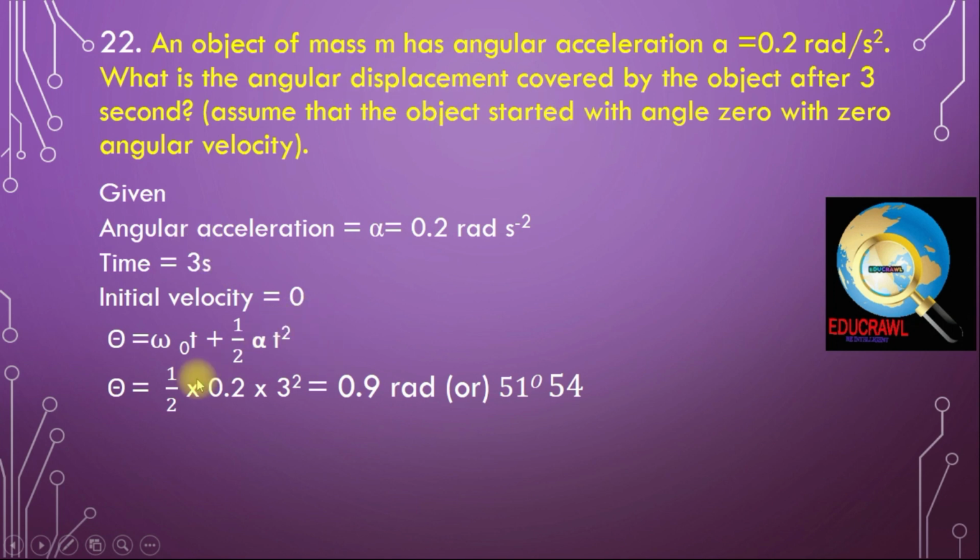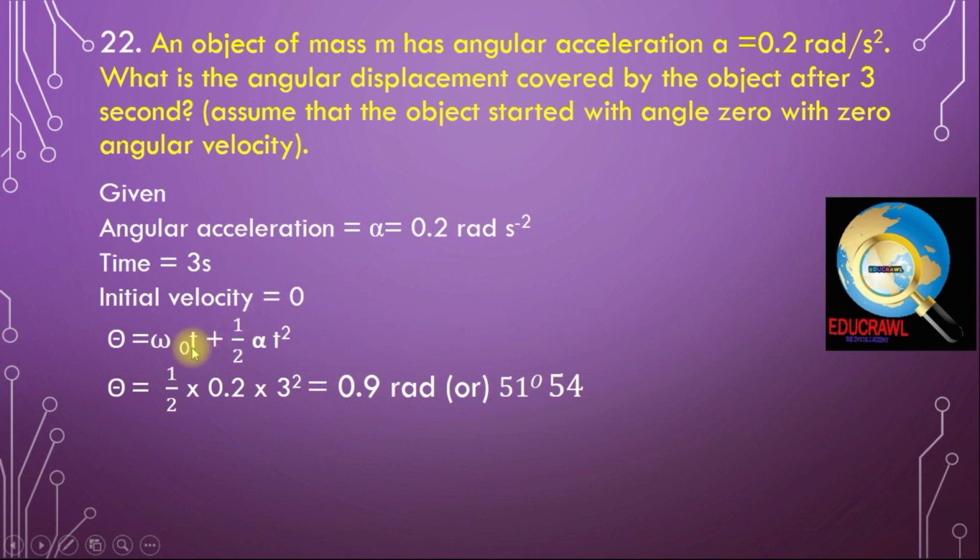We are using our equations of motion of circular motion. So this is the third equation. The third equation is given by theta is equal to omega naught t plus half alpha t square. You remember the equation of motion of linear motion: s is equal to ut plus half at square.